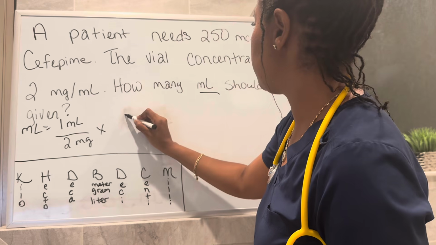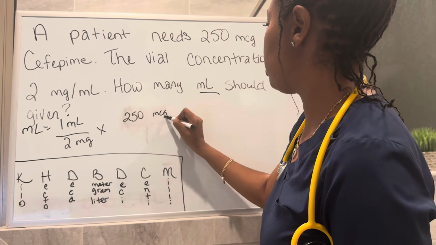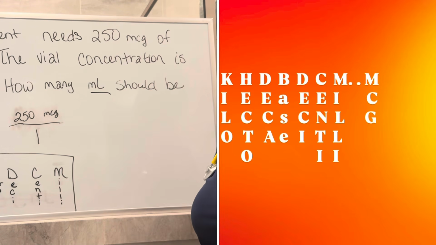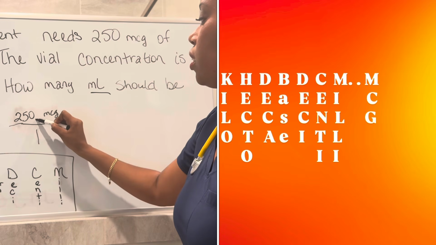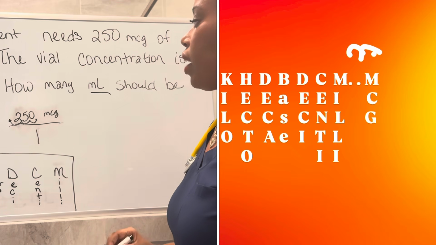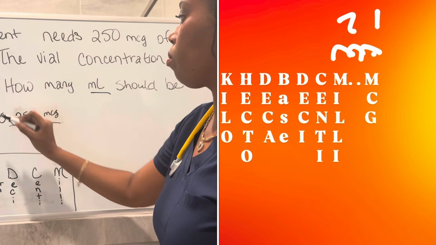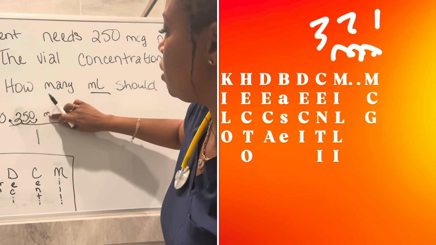So this is how I'm going to do it. 250 micrograms. How am I going to turn that into milligrams? I can start here and go 3 place values over, and that gives me 0.250.